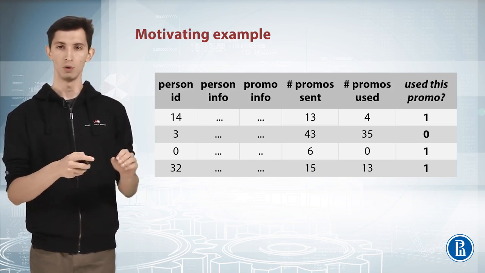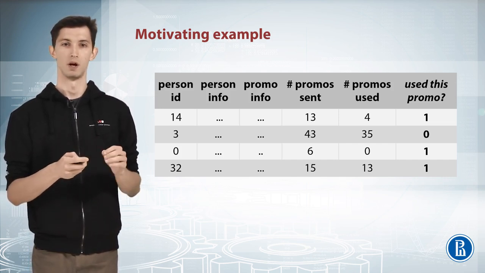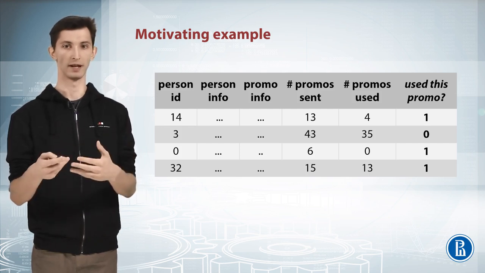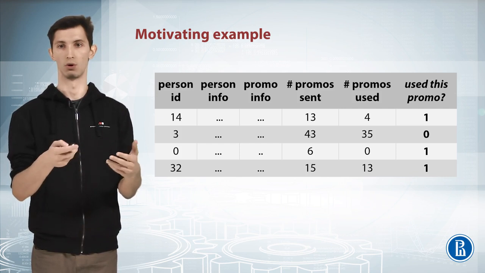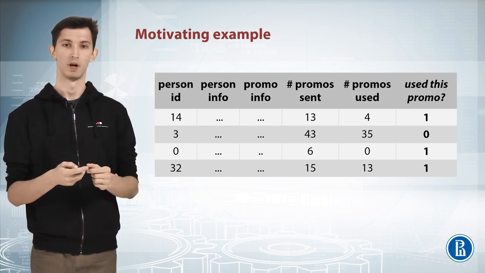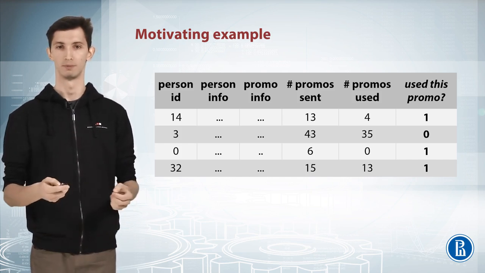So each row corresponds to a particular promo received by a person. There are features that describe the person, for example, his age, sex, is he married or not, and so on. And there are features that describe the promo. The target is 0 or 1. Will he use the promo or not?